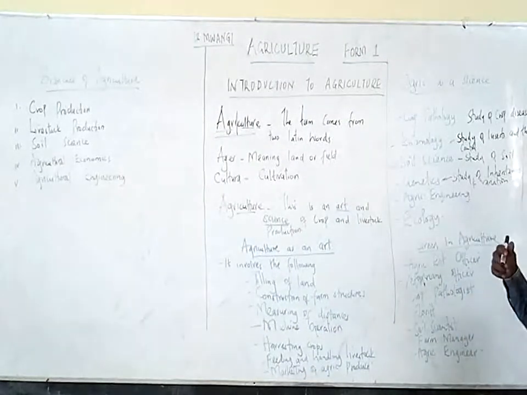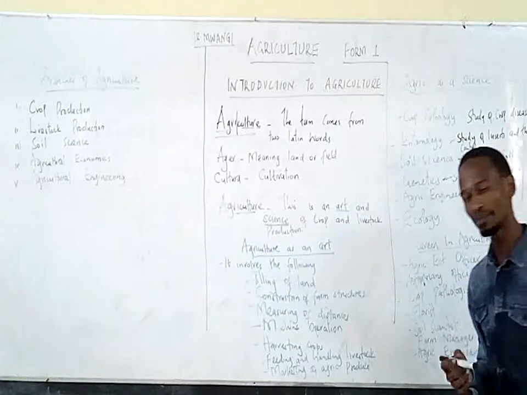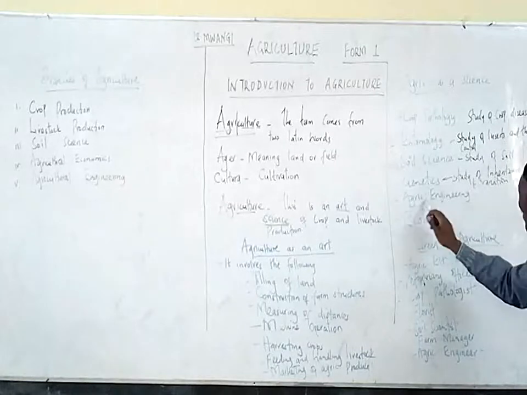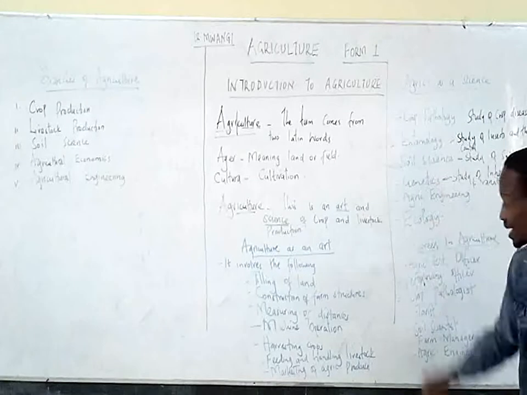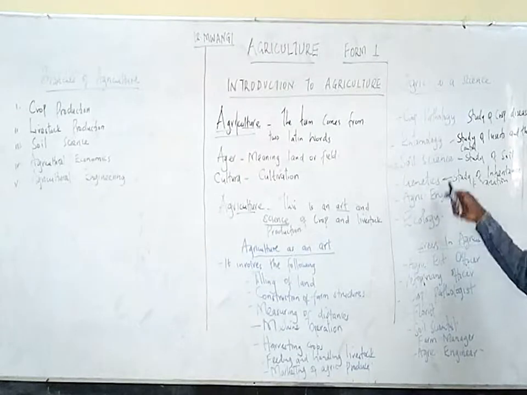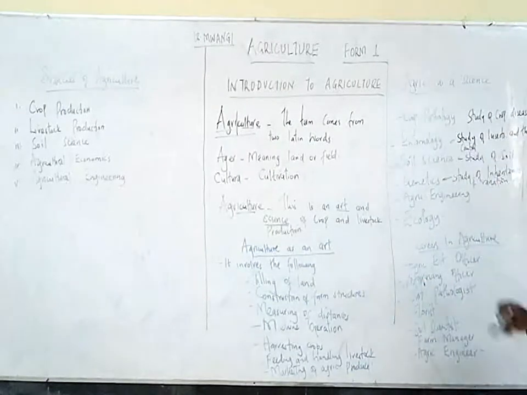So by operating the tractors and the farm implements which are attached to the tractor, there is the application of agricultural engineering which falls under science. So that application in the operation of various machines in the farm makes agriculture to be referred to as a science.